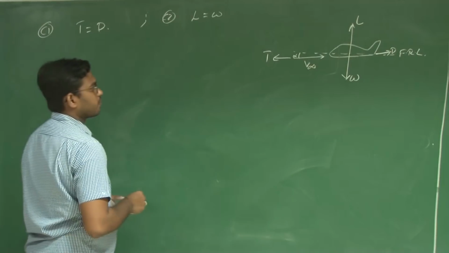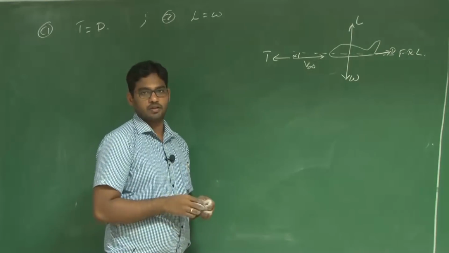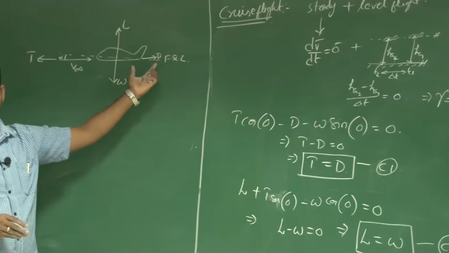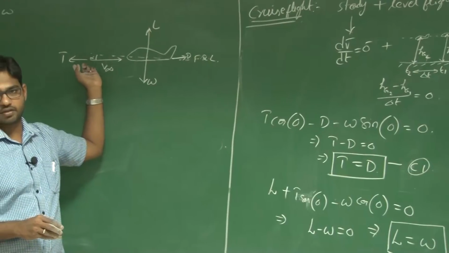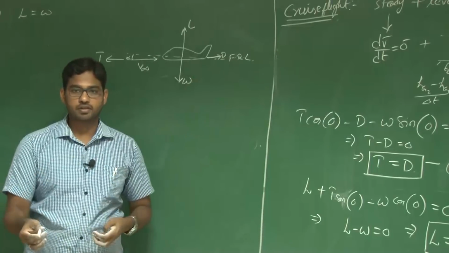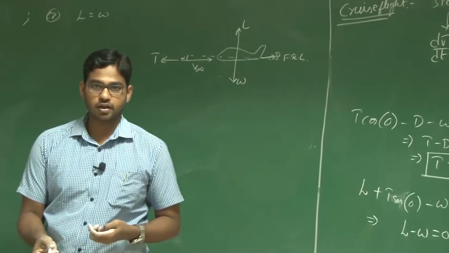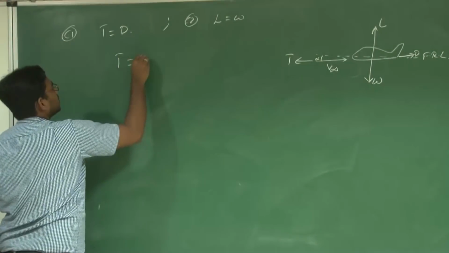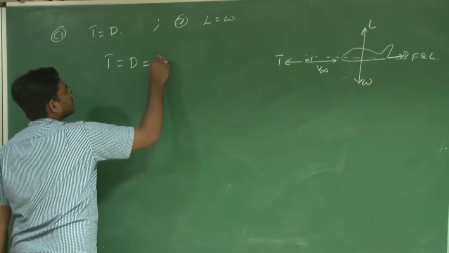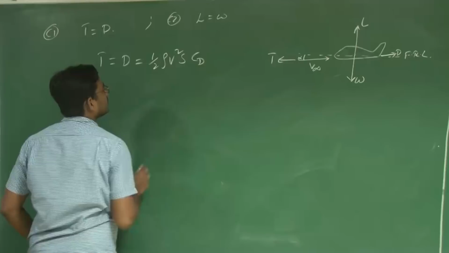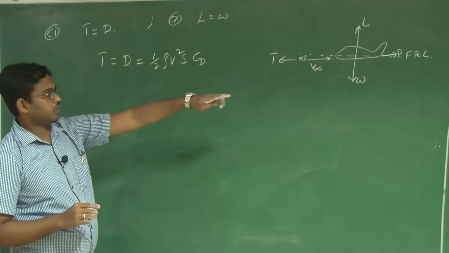In this case, if you want to have a level flight, whatever drag is generated by the system should be overcome by the thrust. For example, D equals half rho V square S into CD. Okay, drag is not the requirement.